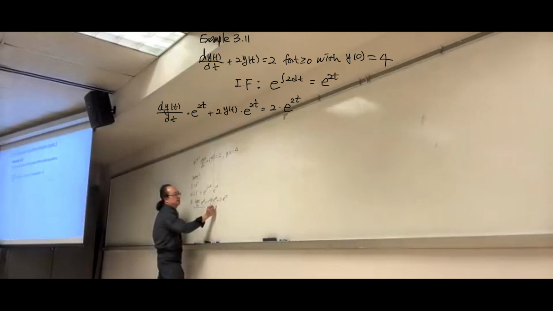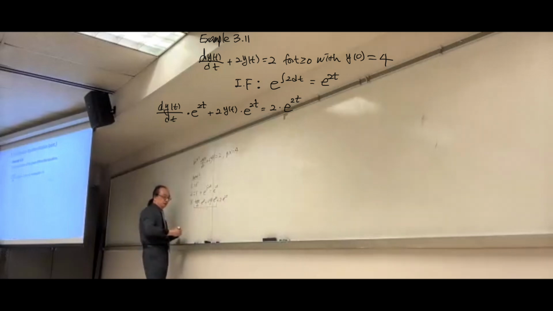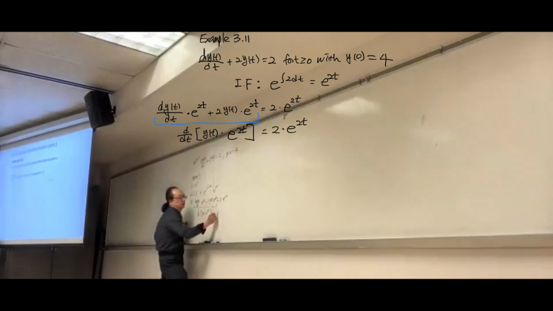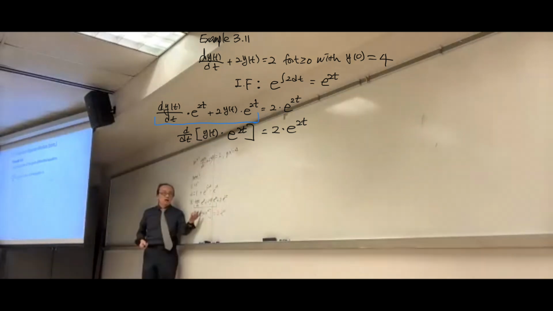And then the left-hand side of the equal sign is equal to d over dt of y of t times e to the 2t, and the right-hand side is this. How? We can simply apply the product rule: first derivative, second one, and then first, second derivative, of 2e to the 2t, 2 times e to the 2t.